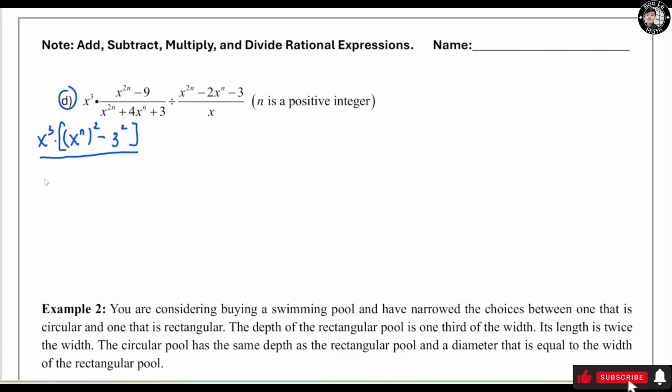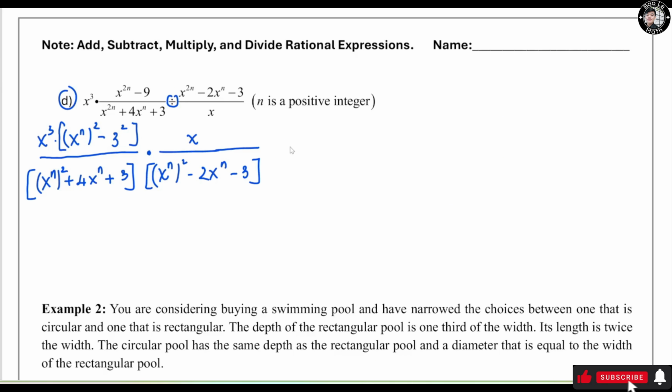The bottom right here can be written as s to the n altogether squared plus 4 times s to the n plus 3, right? Now I need to turn this one into multiplication and flip this one. It's going to be s over s to the n squared minus 2s to the n minus 3, right?